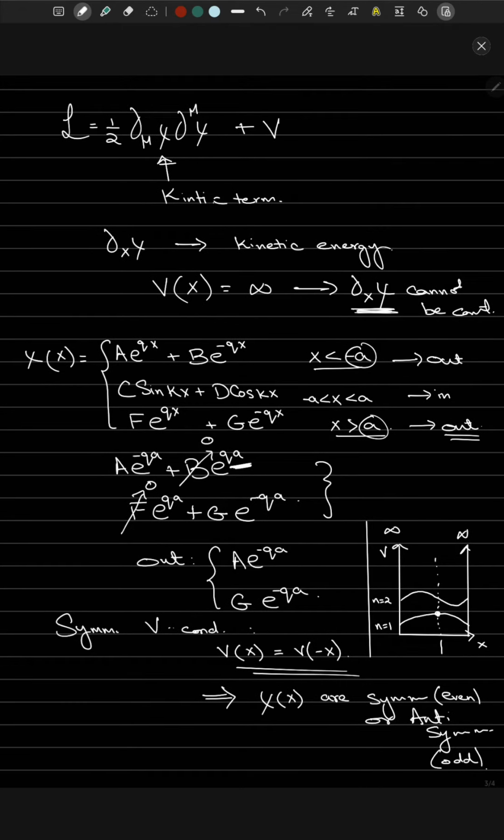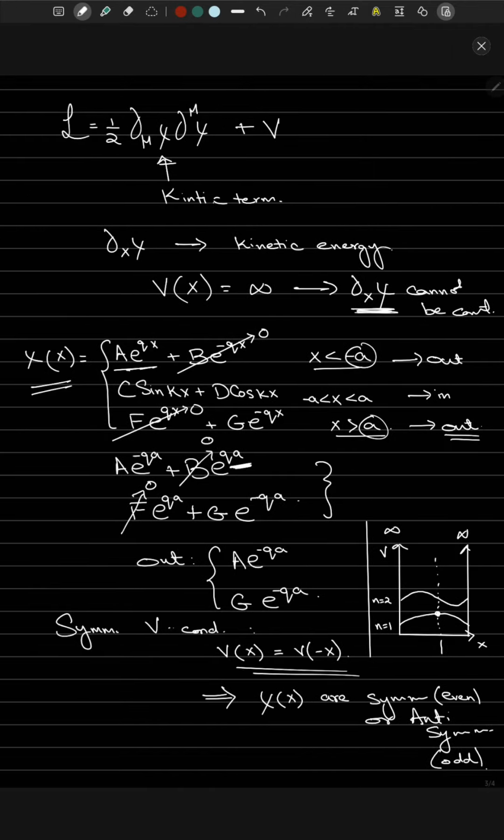So for the even part, I can write my psi of x as what? If you look at this psi of x over here, for x less than minus a, we have already established that B goes to 0, so this term would go to 0. And we have also established in this case that F equals 0, so this would also go to 0. And so we're left with this thing.